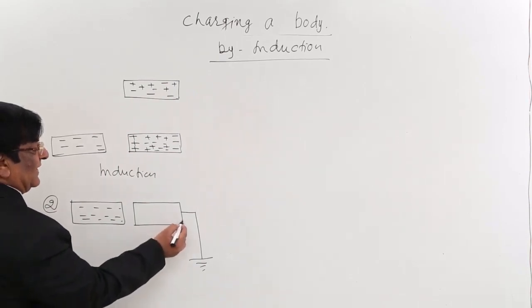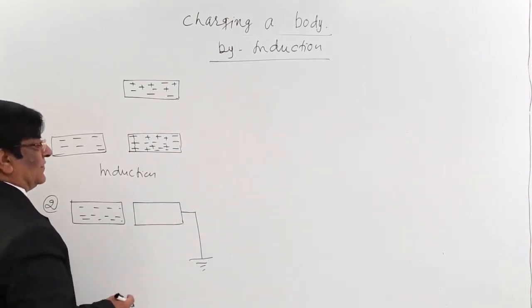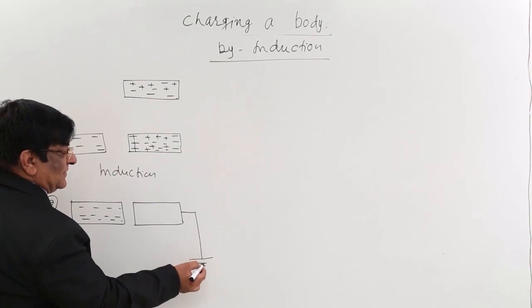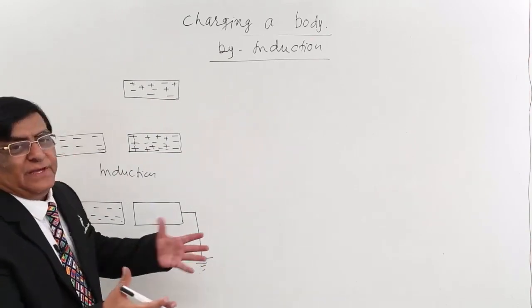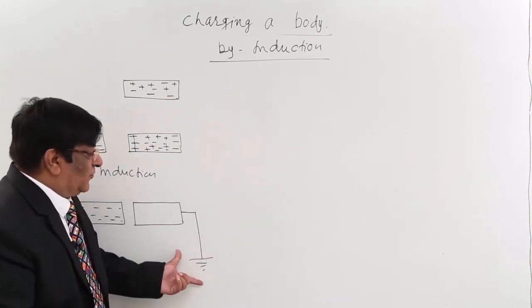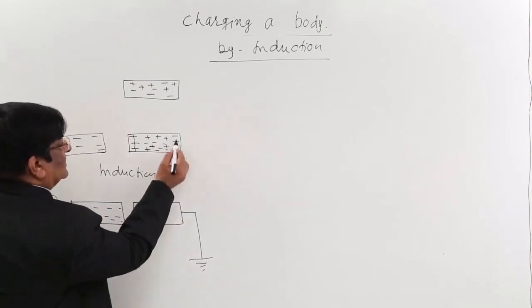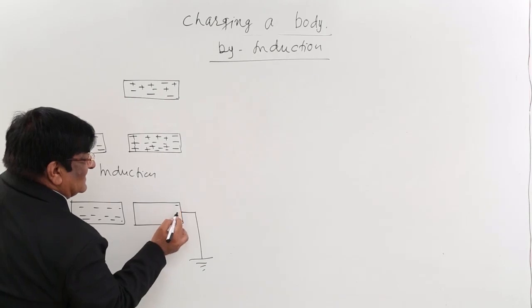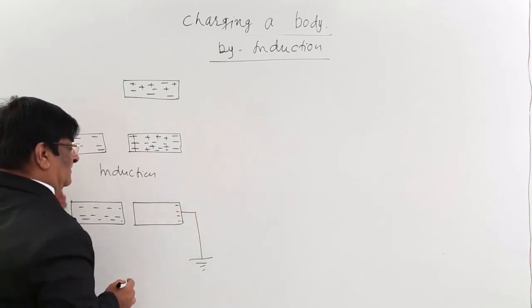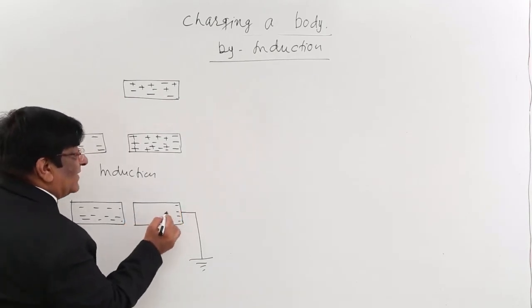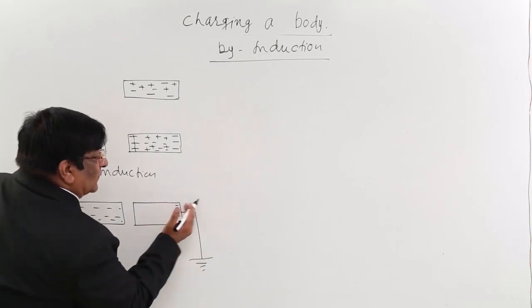What happens when we connect a body to the earth? The answer is, this is a conductor, and earth is such a big large body that this can also be taken as a conductor. Now if this side has an excess of electrons, these are being repelled, they want to move away.